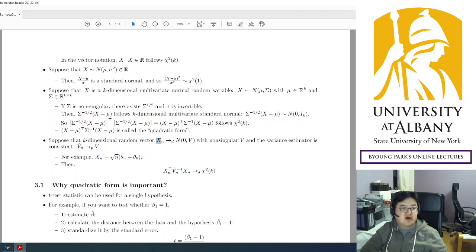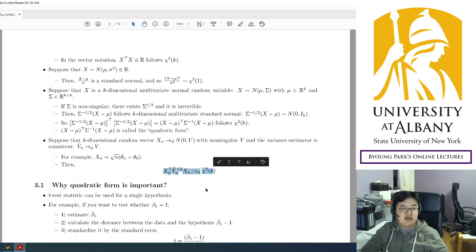Suppose that there is a sequence of random vectors, xn, and xn converges in distribution to a normal distribution with variance V, and it is non-singular. Then the quadratic form can be written in this way, and it converges in distribution to chi-square k. Exactly, this is the same form.